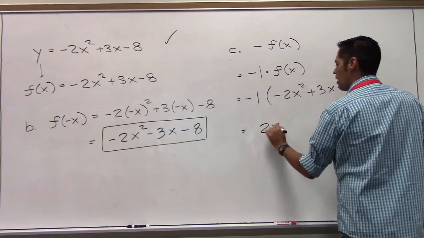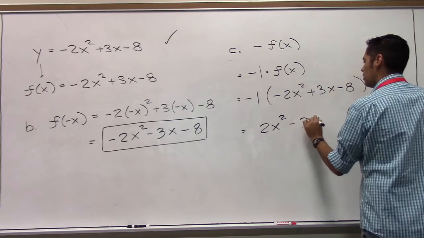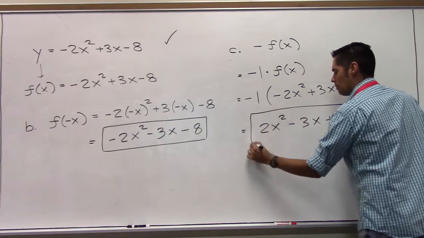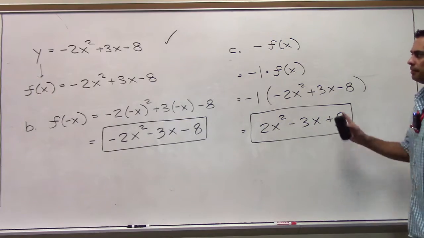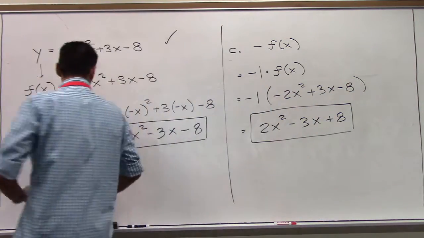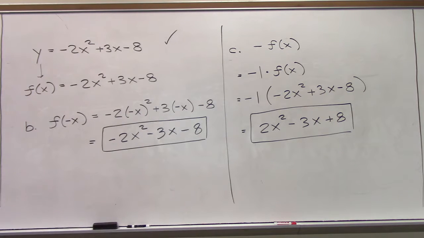So 2x squared minus 3x plus 8. That's C. I have now a couple of questions to ask you. Is f of x the same as f of negative x? Are these two the same?